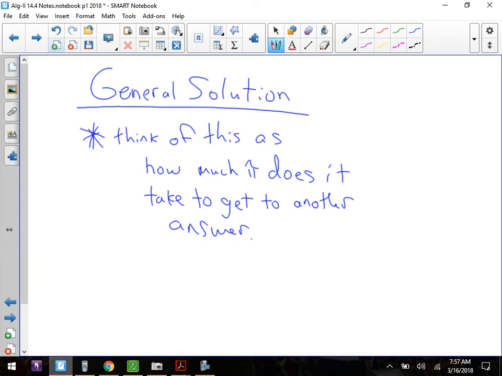Because when we deal with our solution sets that we get right now, we're looking at them as how many times they occur within one revolution. Now, when you place something in the unit circle, if I take off the restriction of one revolution, what we're looking at then is how much does it take to get to the next solution? And how much does it take to get back, and so on and so on.